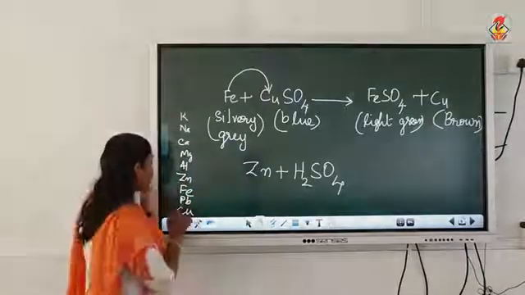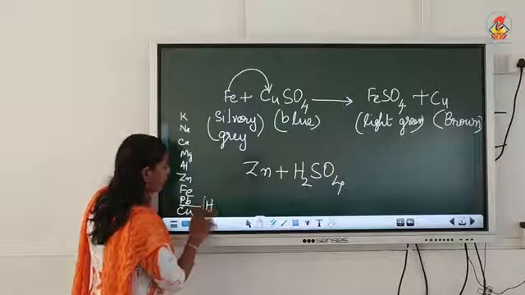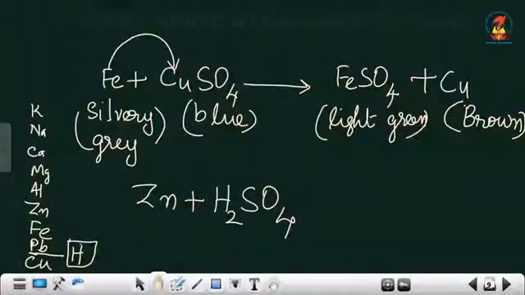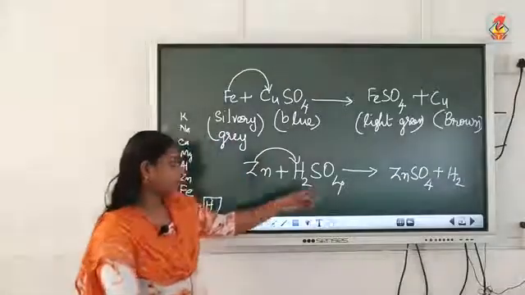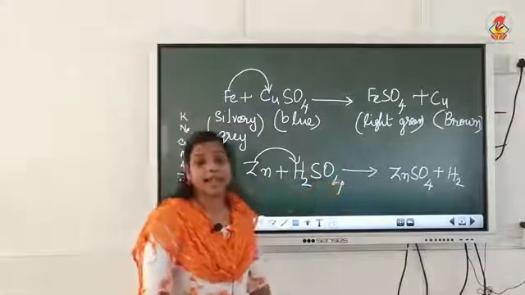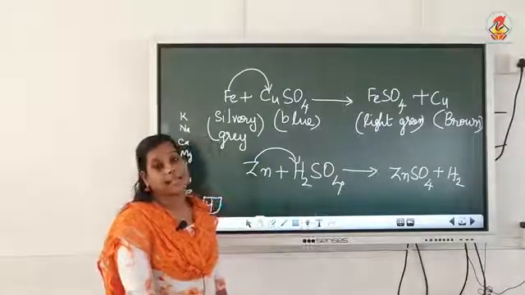Hydrogen is placed there in the series. Zinc is above hydrogen, so zinc can displace hydrogen during this reaction, and zinc sulfate and hydrogen gas will be produced. The hydrogen evolution is observed as bubbles coming out of the solution.